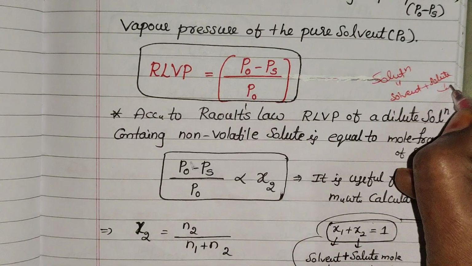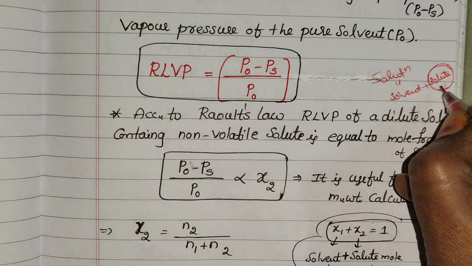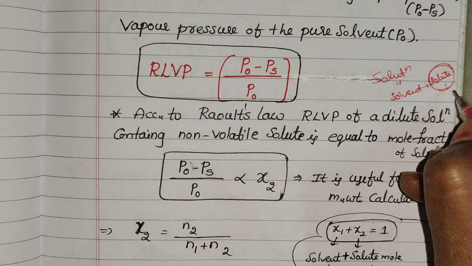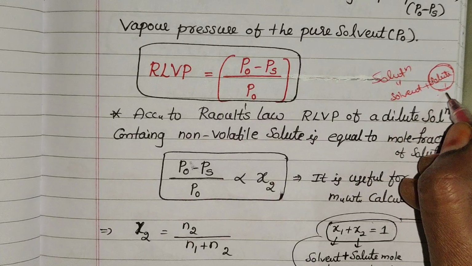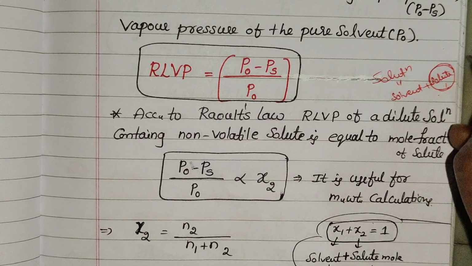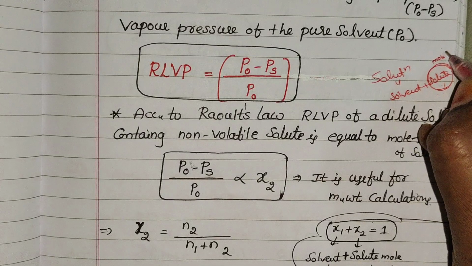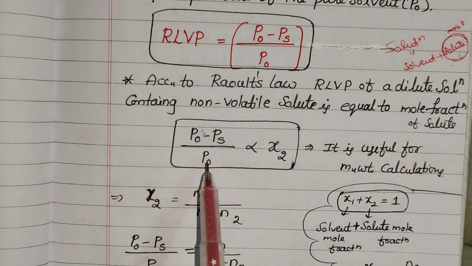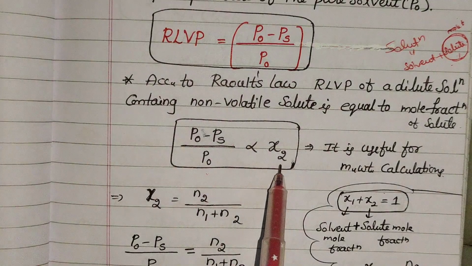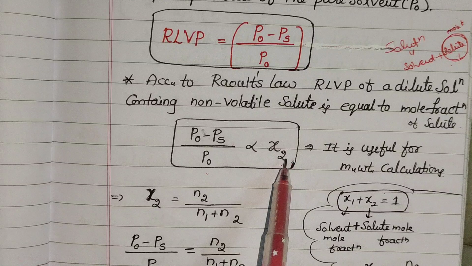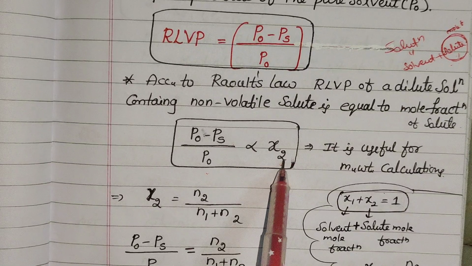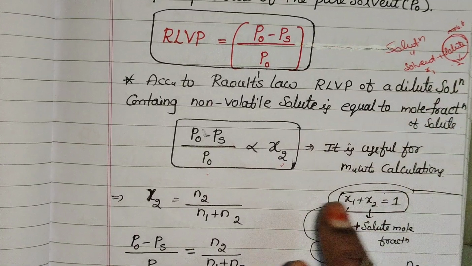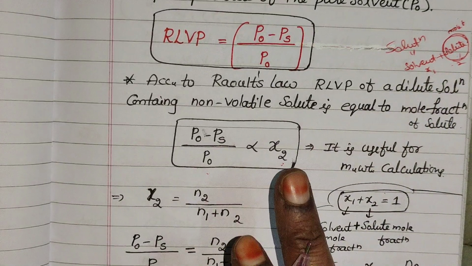The solute is non-volatile, meaning it is not a gas. So this is equal to the mole fraction of solute. That is why P0 minus PS by P0 is directly proportional to X2, the mole fraction of solute. 1 is taken as the solvent, 2 as the solute. X2 means the solute mole fraction.